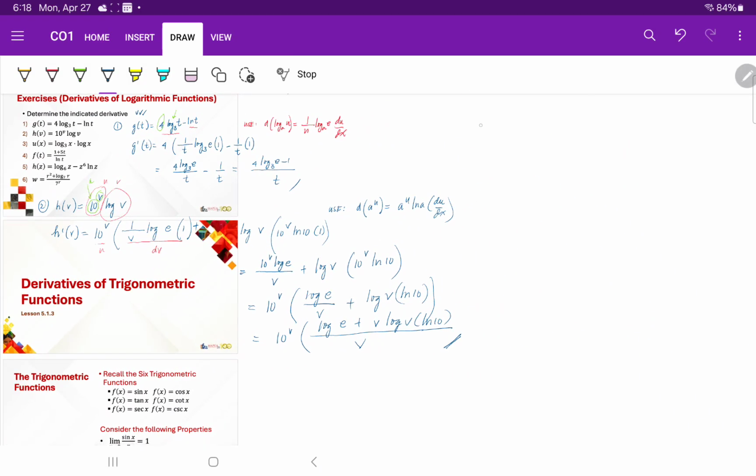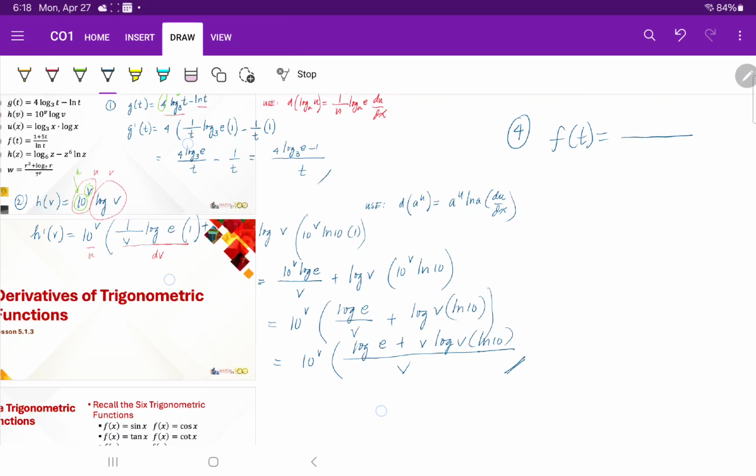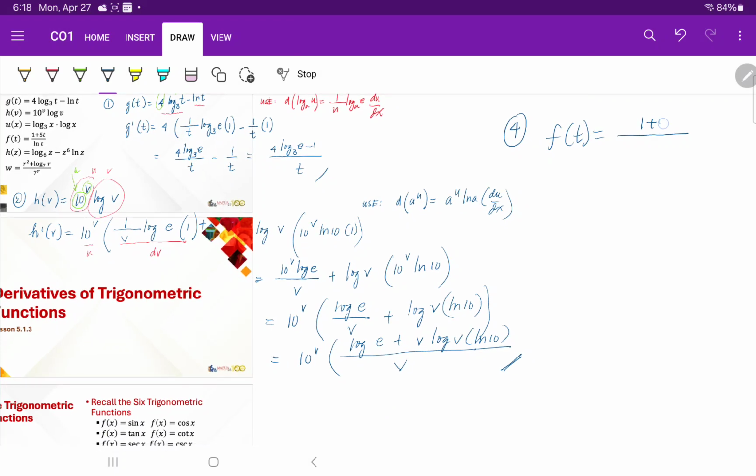Let's just do number 4. Let's skip number 3. So for number 4, we have f of t equal to 1 plus 5t over ln of t.